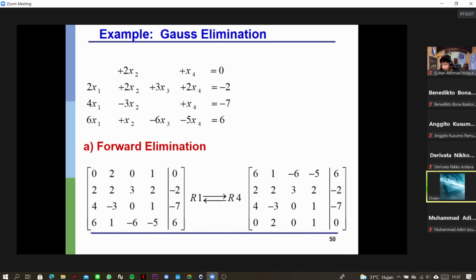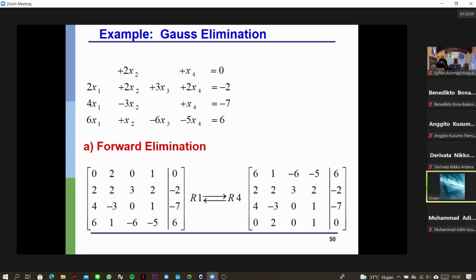In this chapter, aside from Gaussian elimination, we also have the Gauss-Jordan method, which is very similar to Gaussian elimination, but instead of making zeros only for the rows after, we also subtract at the rows before, so the upper rows and also the lower rows. This is the difference with Gaussian elimination.